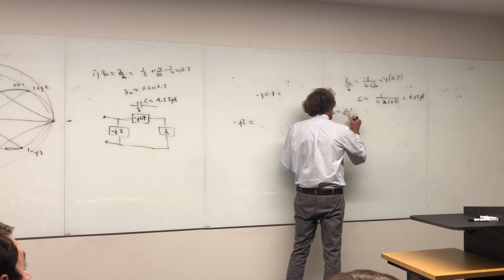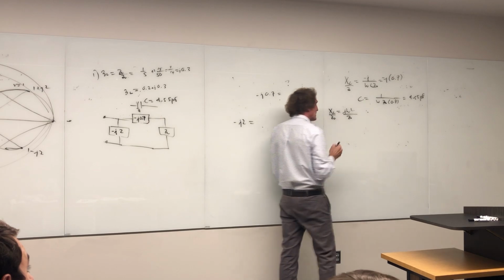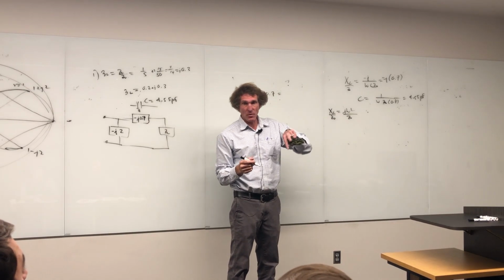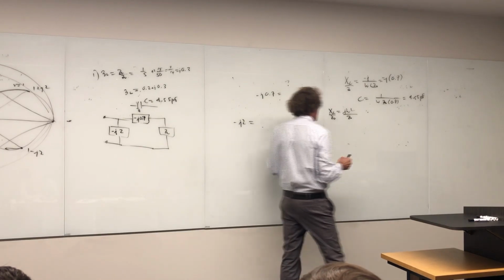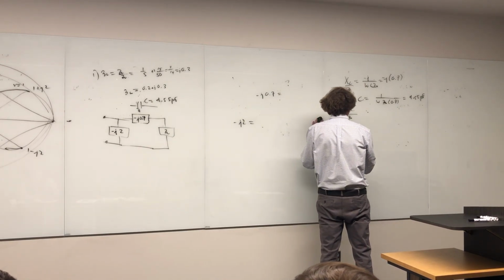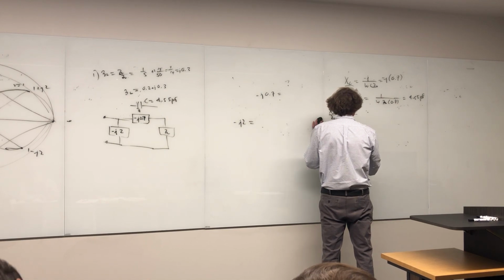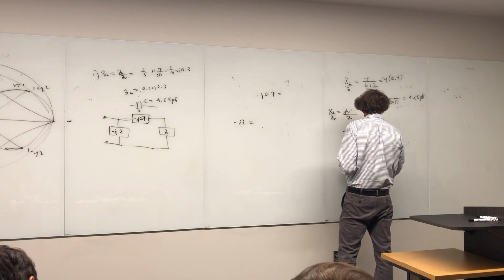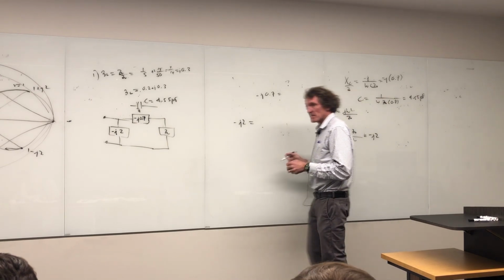Normalize it, divide by Z naught. Now that's normalized impedance. We have admittance that has to be normalized. We take 1 over this, correct? So 1 over this is going to be minus j Z naught over omega L. And that is equal to minus j2. Do you all agree with me?